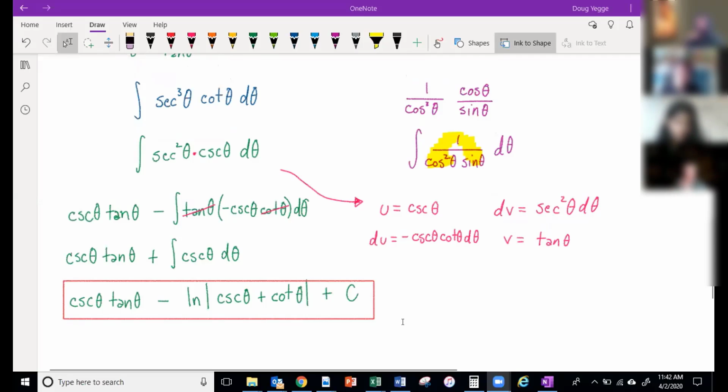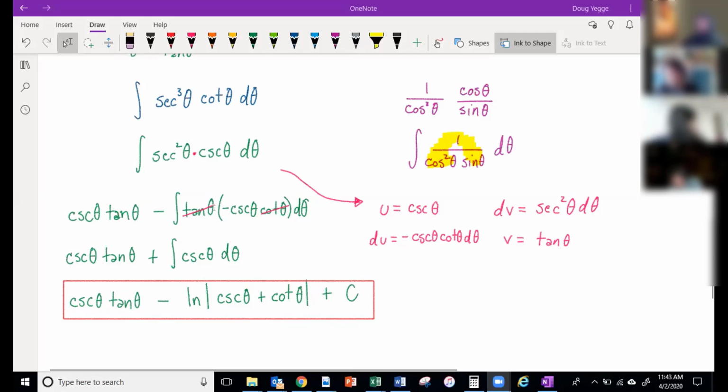So let me go through that one more time. You can see here that if I applied u times v minus the integral of v du, notice that the tangent theta times cotangent theta are reciprocal functions, so those canceled.